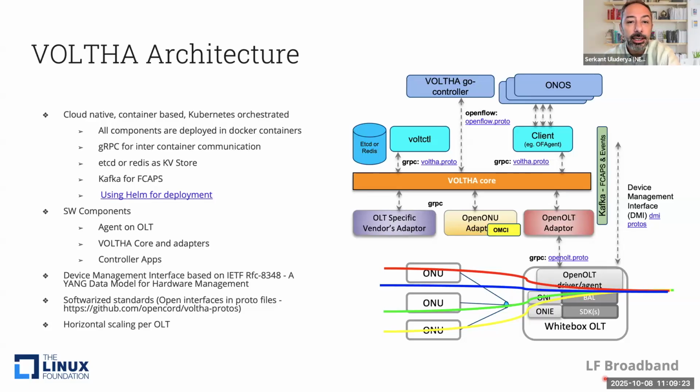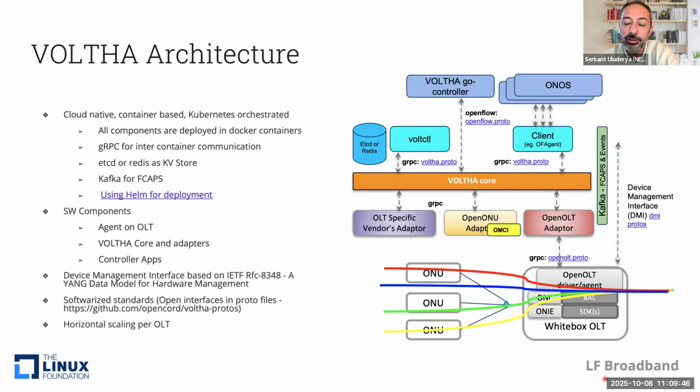Below the SDN controller, we have the OF agent, which basically stays as a proxy between ONOS and the VOLTHA core. It acts as a protocol converter between the VOLTHA interface, which supports the gRPC protocol, and ONOS, which supports the OpenFlow protocol.